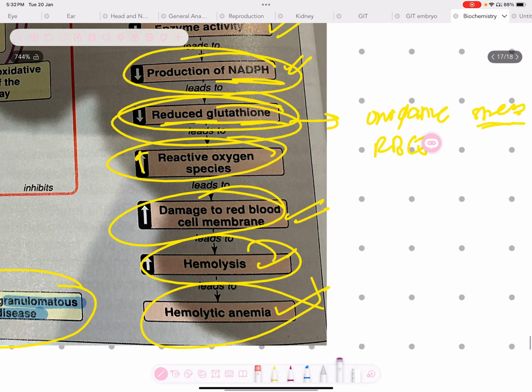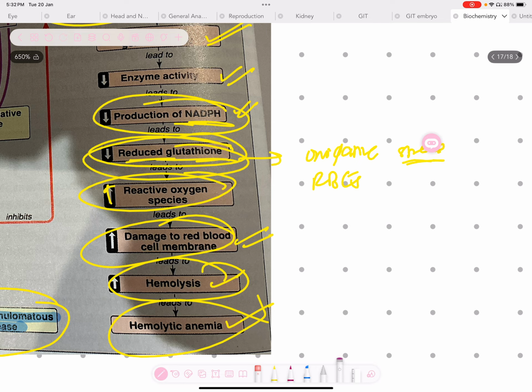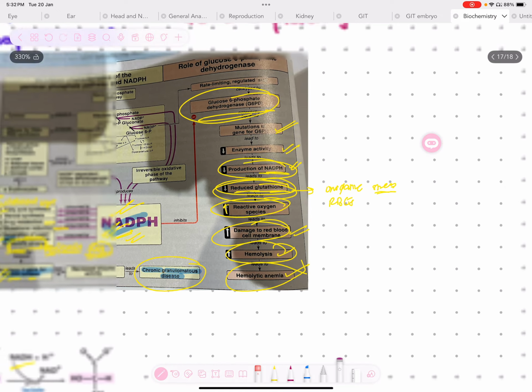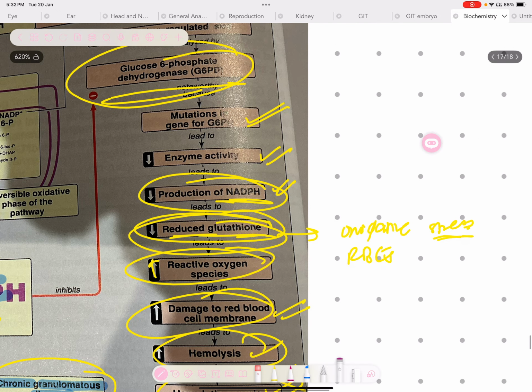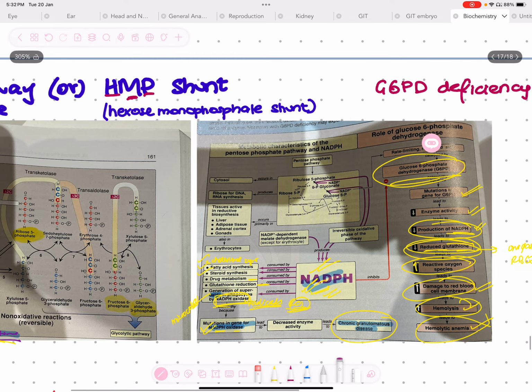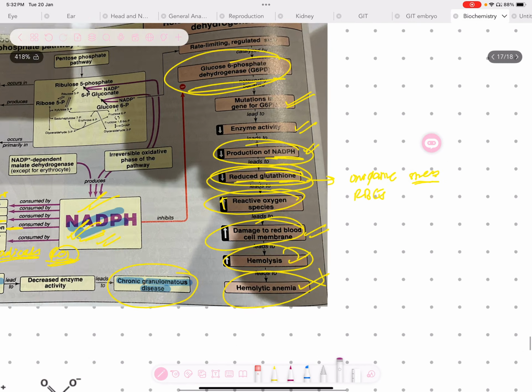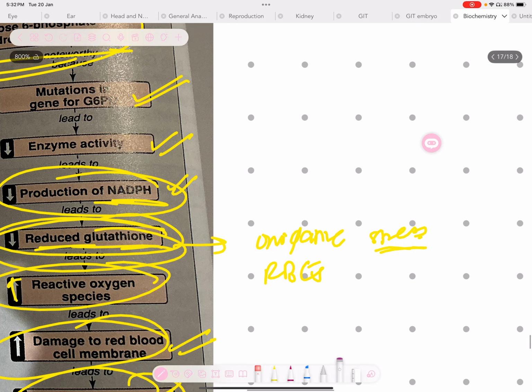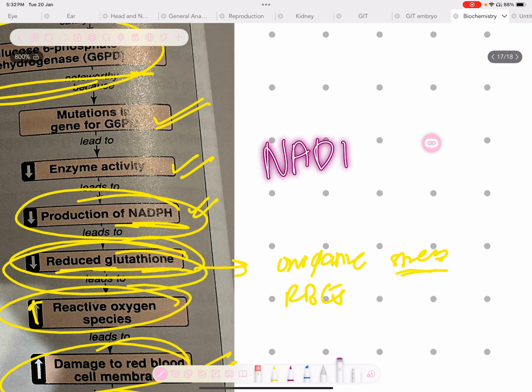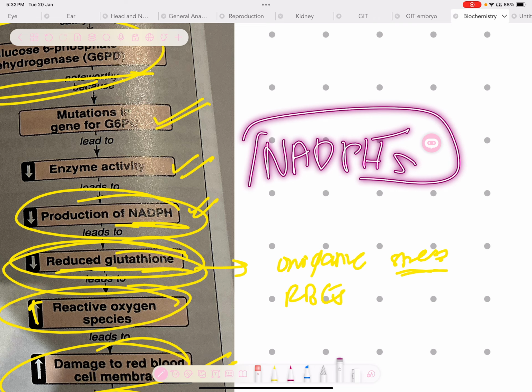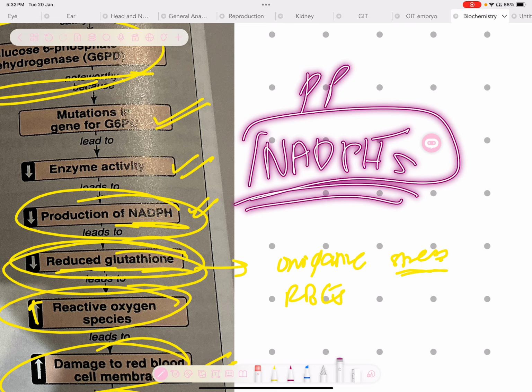Now, one more thing: this is most severe in erythrocytes, where the pentose phosphate pathway provides the only means of generating NADPH. Even though the pentose phosphate pathway happens everywhere, why is this particularly affecting RBCs? Because in RBCs, NADPH's only source is the pentose phosphate pathway.